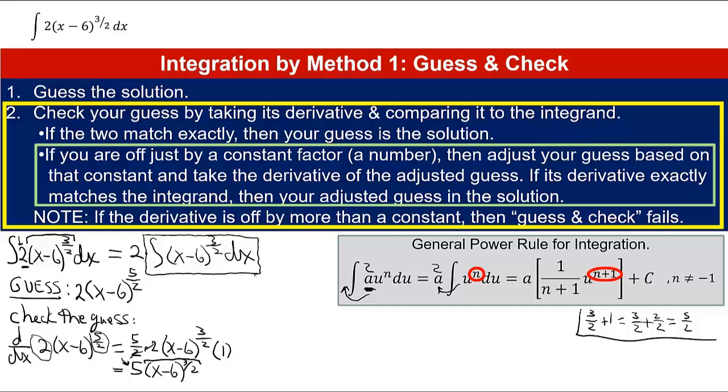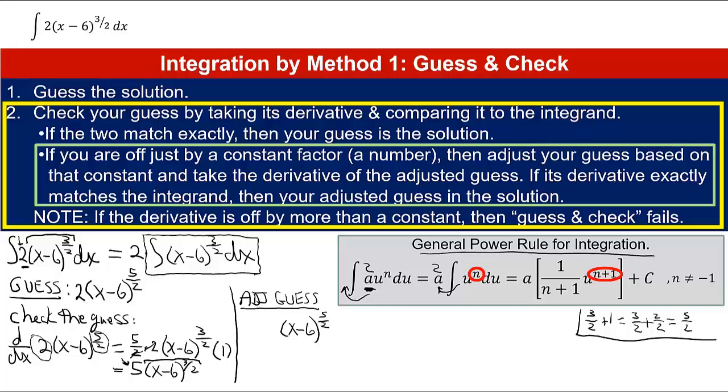So now we're going to make our adjusted guess by ignoring the 2 outside for the time being and just looking at the integral I have boxed in up top there. So I want to guess this time that I'm going to have the x minus 6 to the 5 halves, which is what the general power rule for integration tells me.